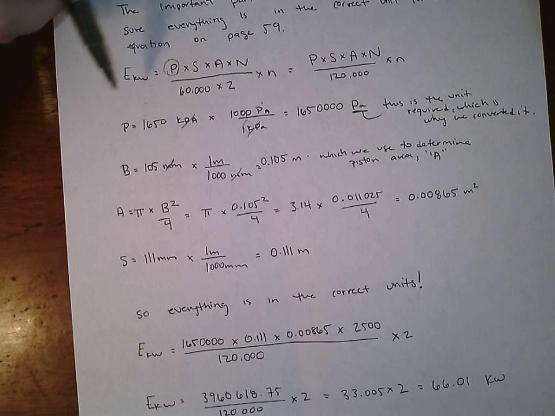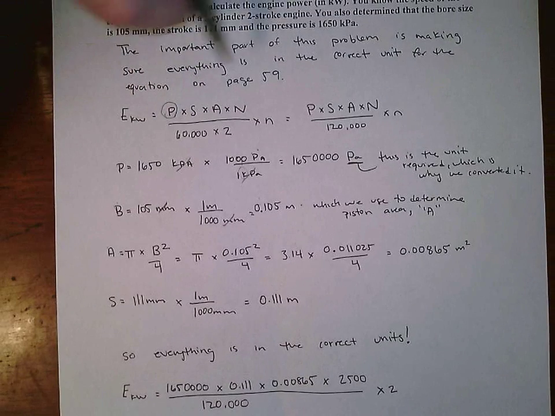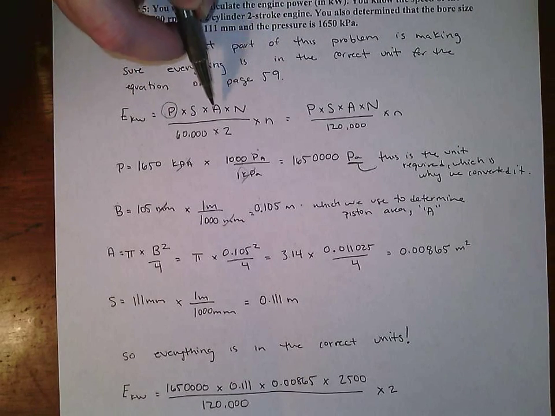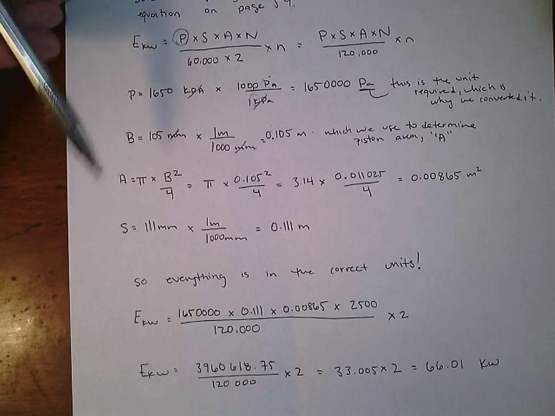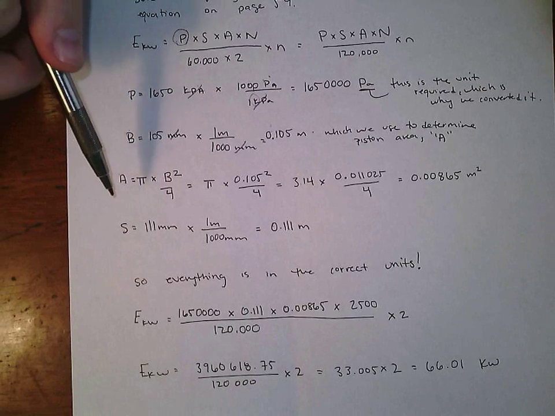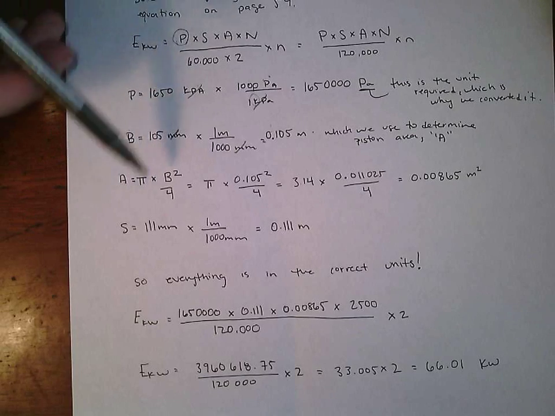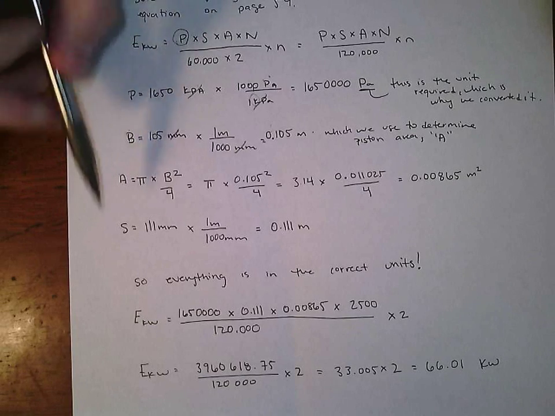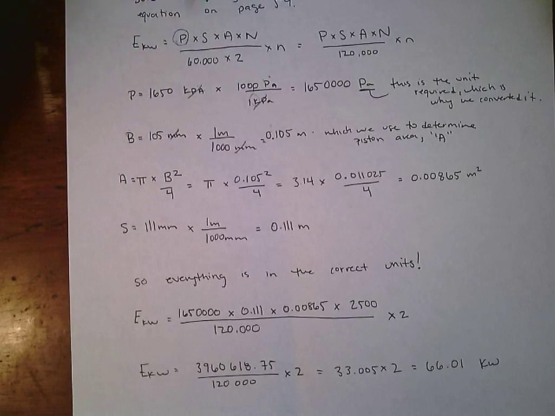Now that we have the P and the A in the correct units, we go on to our stroke, which we also need to be in meters, because we want to make sure that our units are consistent.